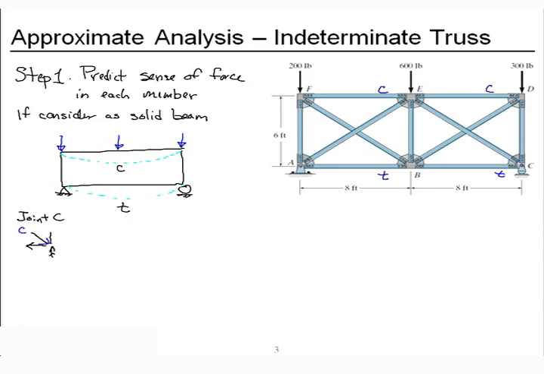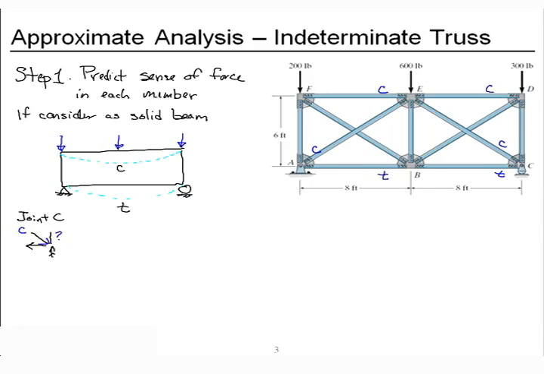All right, so this diagonal, and it seems fairly reasonable to presume that this one as well will be in compression. Well, what about the vertical force? We've got up from the reaction, down from the diagonal, and this mystery vertical member CD.